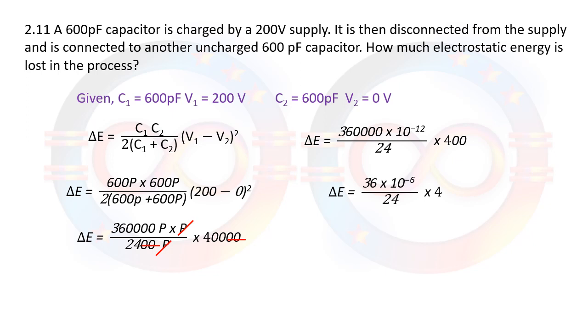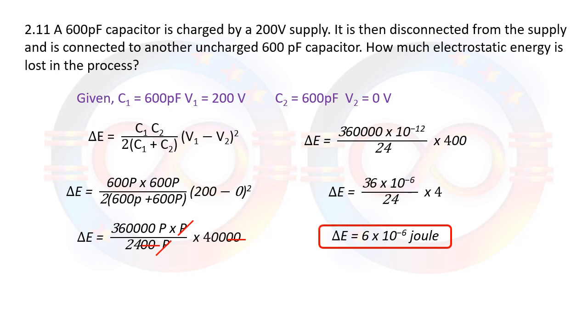Again simplify it, it will be making 10 raised to minus 12 as 10 raised to minus 6, and it is 6 into 10 raised to minus 6, because 6 4s are 24, and then 6 6 are 36. So it will be 6 into 10 raised to minus 6 joule loss in energy. We have not taken here negative sign because in the question it is already asked how much loss in energy occurs. So 6 into 10 raised to minus 6.